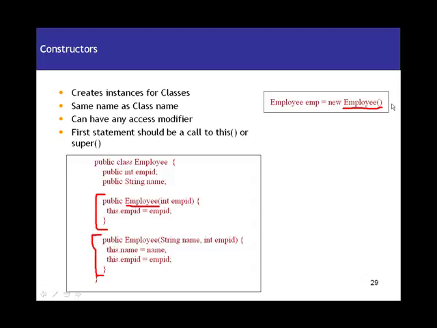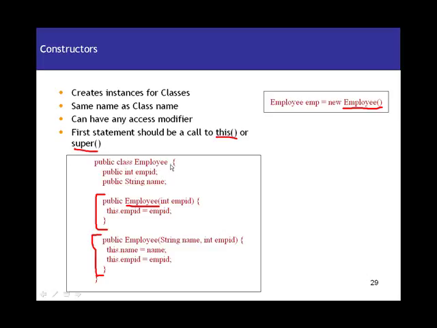One more thing about constructors is that the compiler even puts one more statement inside your constructor. The very first statement in your constructor is either a call to this or super. By default, if you don't put this or super, it calls super with no argument. What does that mean?